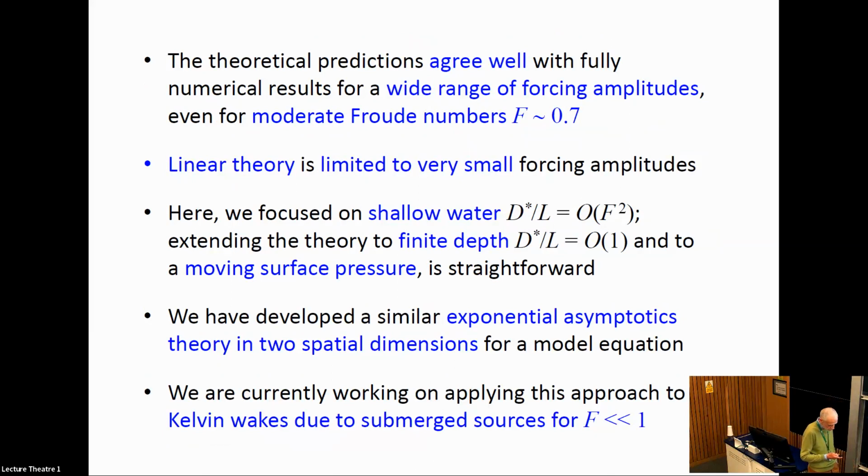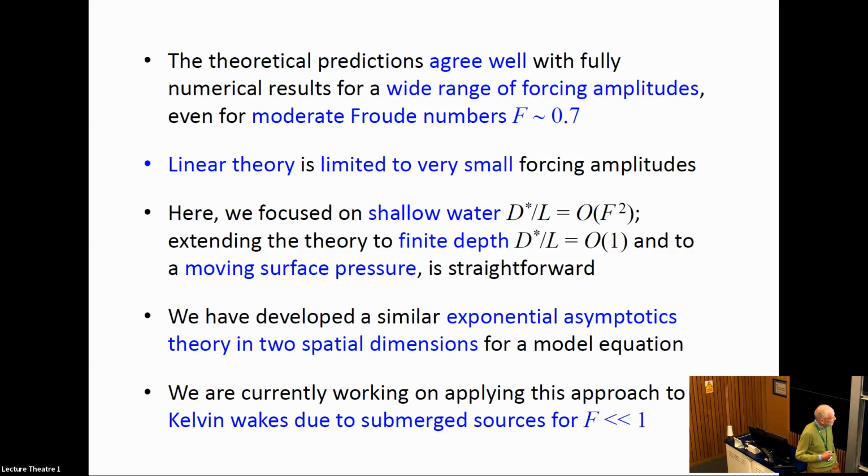The theoretical predictions have a very wide range of validity, even for moderate Froude numbers like 0.7, in contrast to linear theory, which is limited to really very small forcing amplitudes. You can easily generalize to finite depth and to a moving surface pressure. This is straightforward.